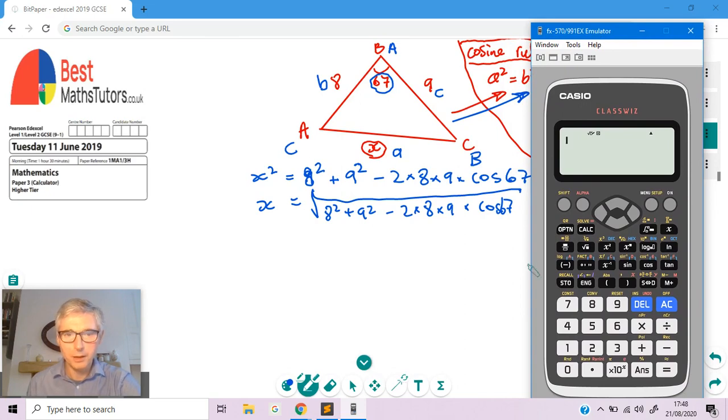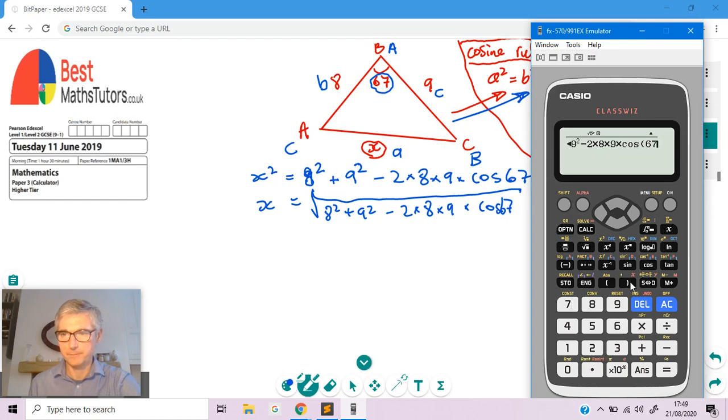There we go. So square root of 8 squared plus 9 squared minus 2 times 8 times 9 times cos 67.